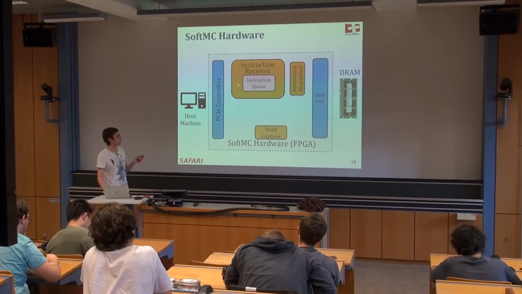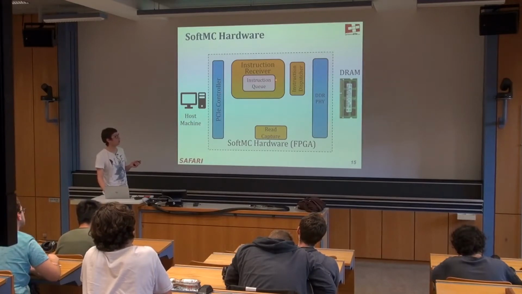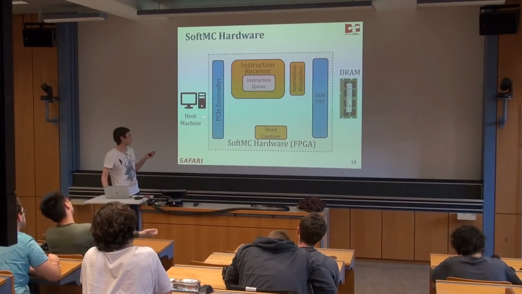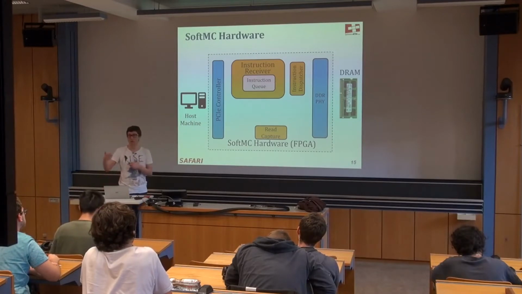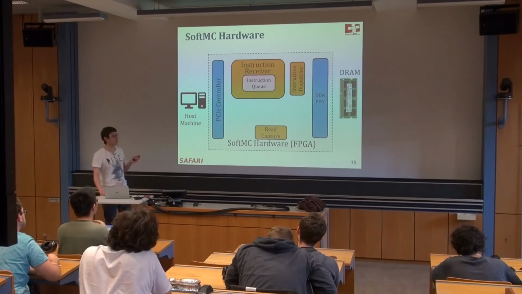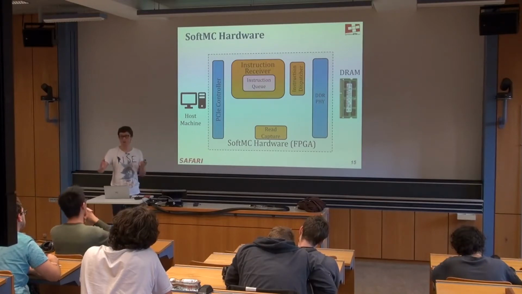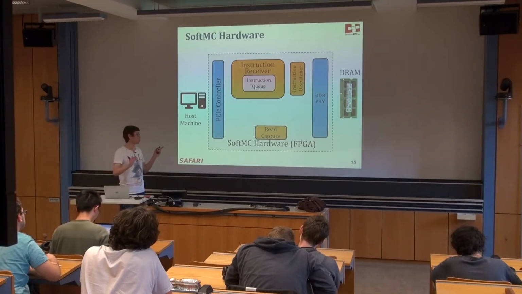One of them is the instruction receiver, which gets data from the PCIe controller and puts that data into an instruction queue. This buffers the instructions received from the host machine, which will be executed. We cannot start executing instructions right away; we have to buffer them to avoid PCI Express latencies. Assume that we executed an instruction right after receiving it from PCI Express.